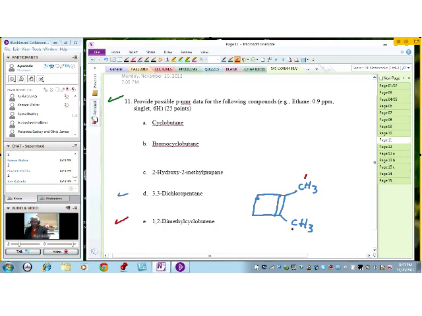Okay, somebody said 2. 2 is correct. This is one set, this methyl and this methyl will be one set because this molecule is symmetrical. There is no hydrogen here. And then you have these 2 hydrogens here and these 2 hydrogens here, which will be equivalent. So that is only 2 sets of hydrogen. So, what will be the complete set of PNMR data for this?